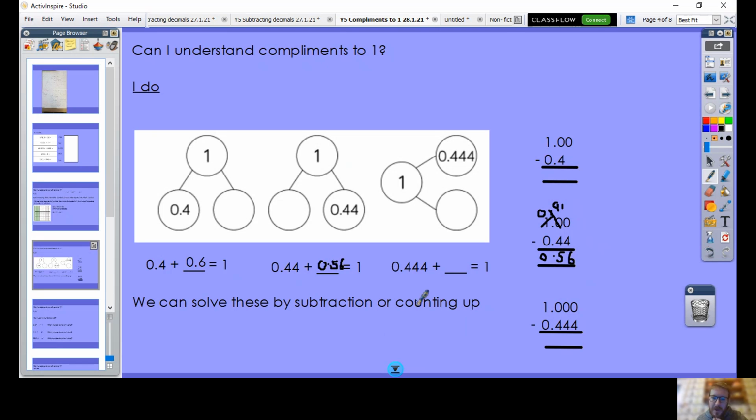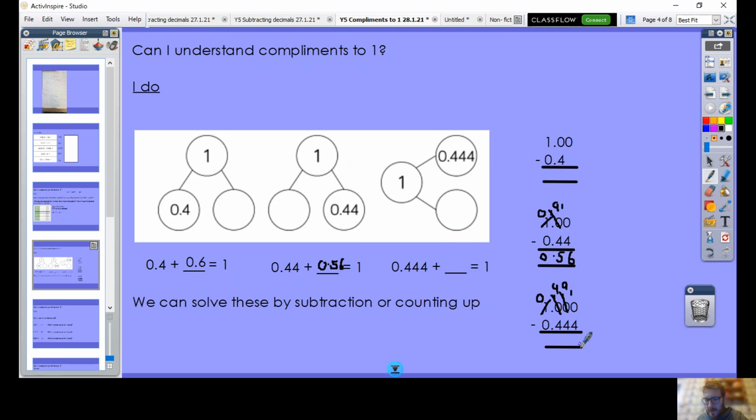Okay, and then we could do the third one the same way. So I've got one whole, I need to find the missing part here. I've got 0.444. If I take that away from the one whole, that's going to show me what the missing part is. Again, I'm going to have to exchange all the way across this time, for tenths, then hundredths, and thousandths.